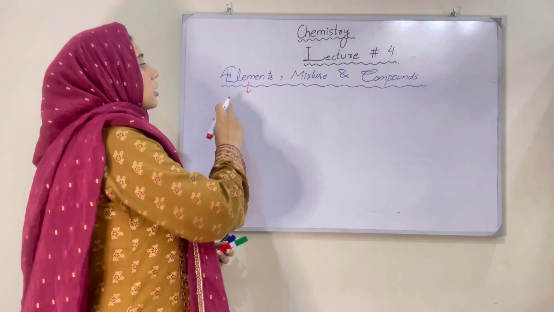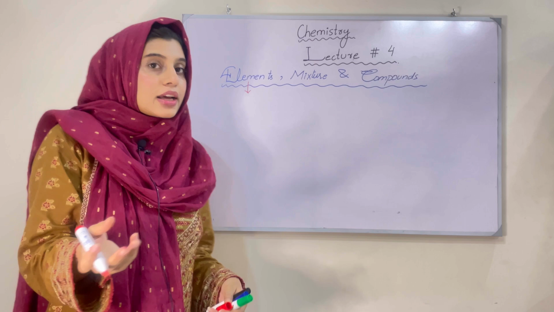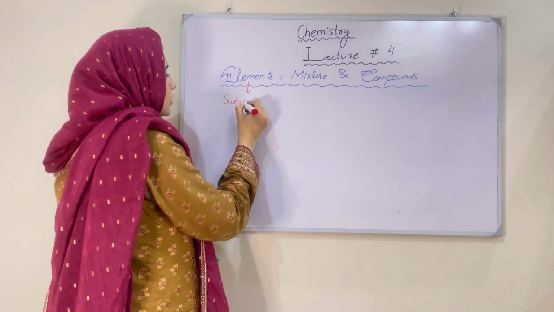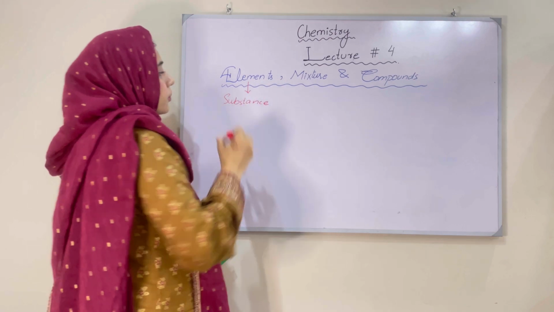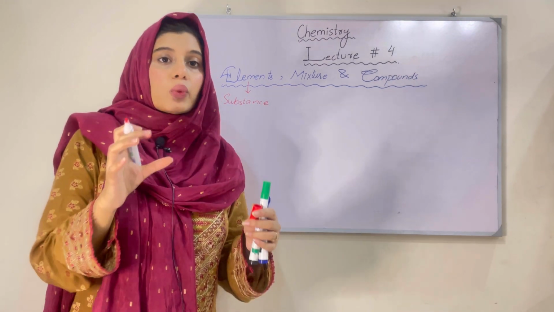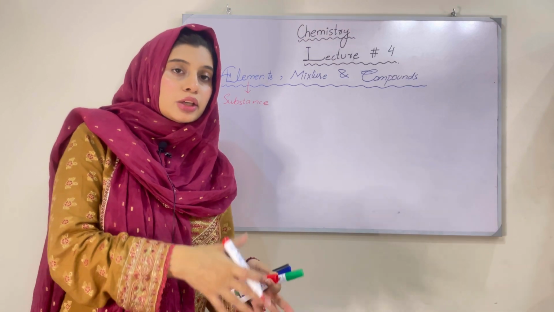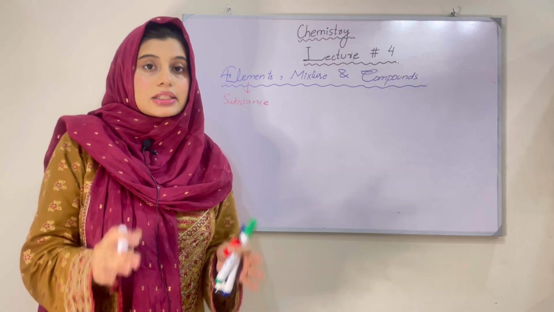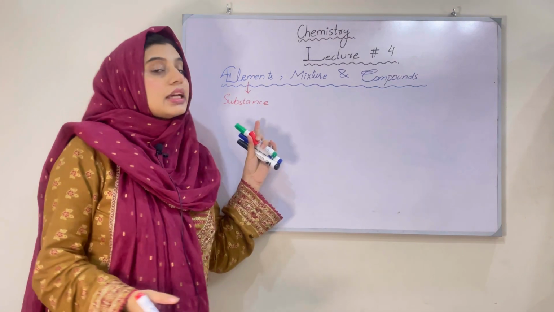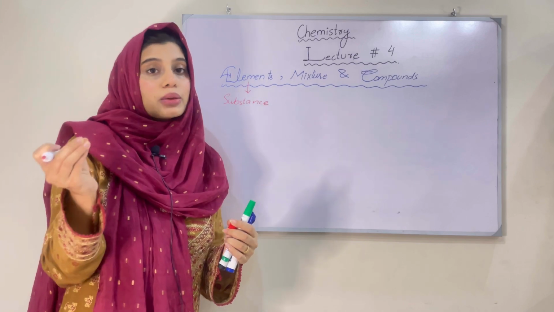If you want to understand what an element is, basically an element is a substance which is undividable. Anything which cannot be broken down into another thing is known as an element. So an element is any substance which is not divided by any chemical process.